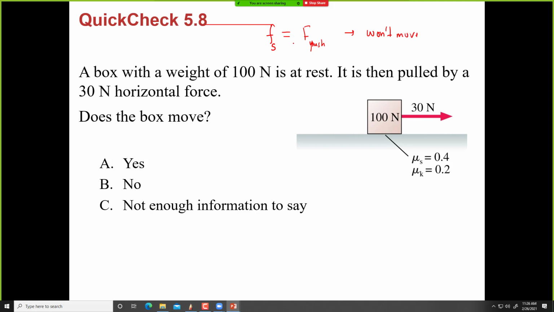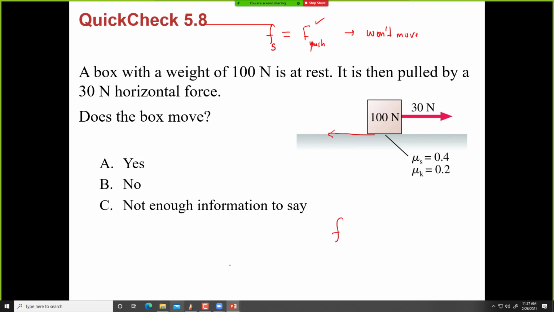If the two forces are not equal, then it's moving. So we need to see whether the friction force is greater than, equal to, or less than the push force to decide that. So there is friction force here.